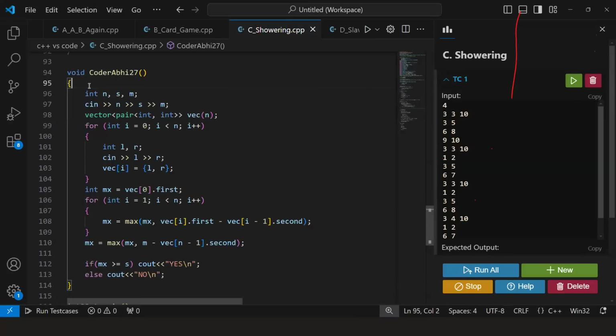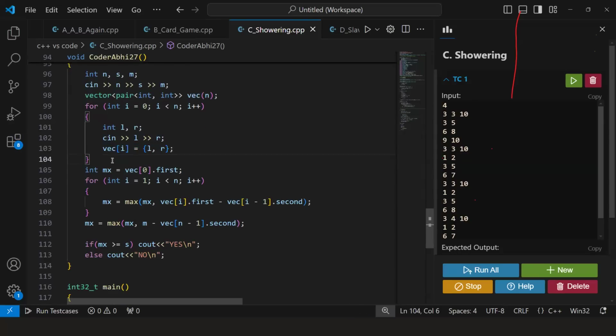So we have taken the input n, s, m, and we are storing all the intervals in a vector of pair. We have taken a vector of pair of size n. For each interval, L and R, we take the input and store that pair in the vector. The first gap would be before the first interval.